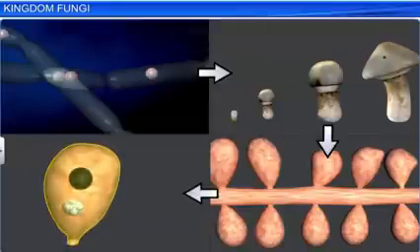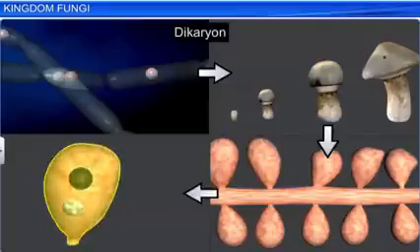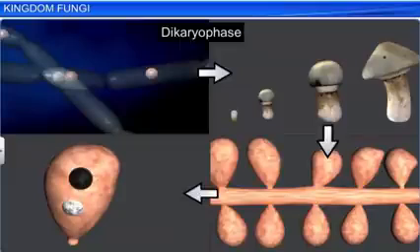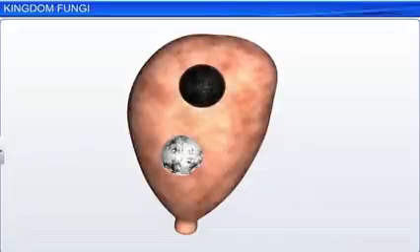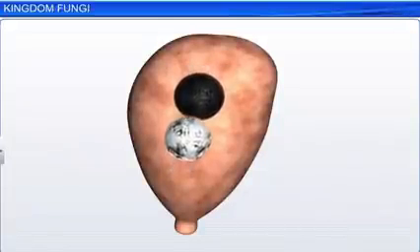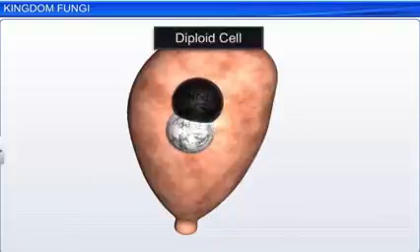This condition of two nuclei per cell is called dikaryon, and the phase is called dikaryophase. Later, the parental nuclei fuse to make a diploid cell.